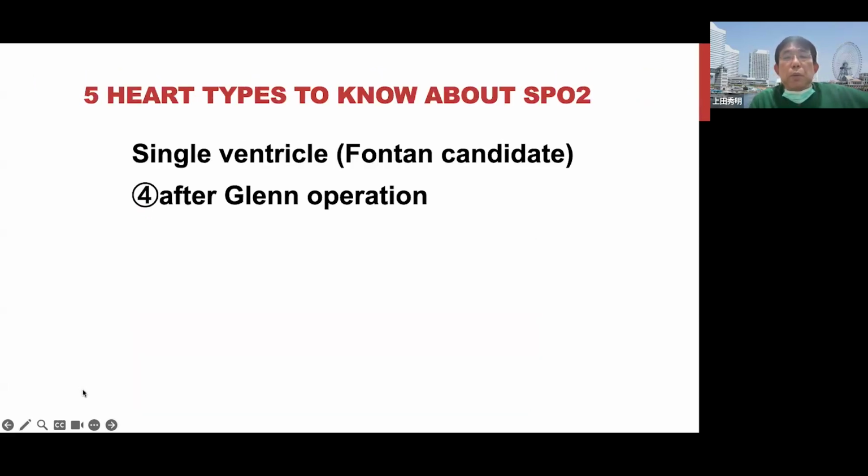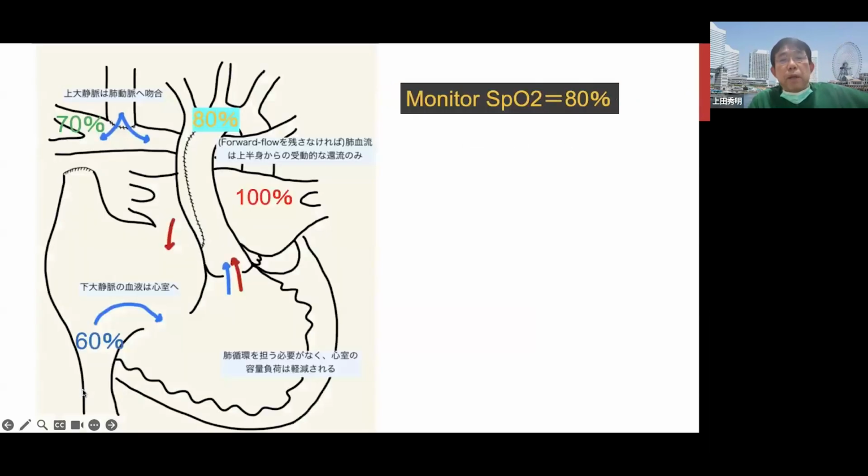So I would like to talk about after Glenn shunt, because it is definitely different from before and after. If the saturation monitor shows 80%, it means that QpQS is just 0.7.